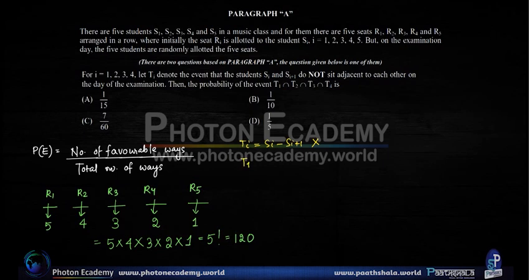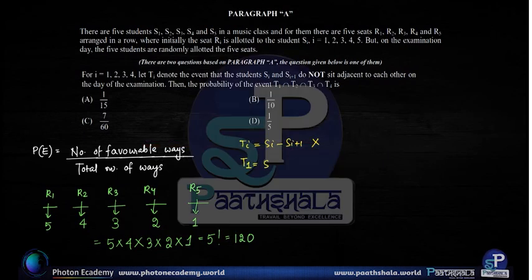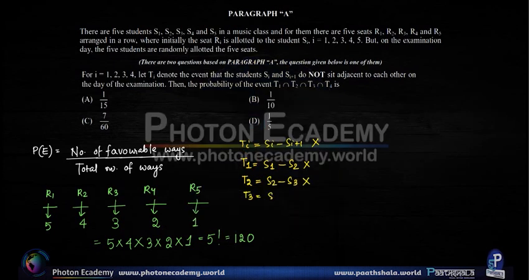So T1 becomes S1 and S2 not sitting together. Similarly, T2 is S2 and S3 not sitting together. T3 is S3, S4 not sitting together. And T4 is similarly S4, S5 not sitting together.